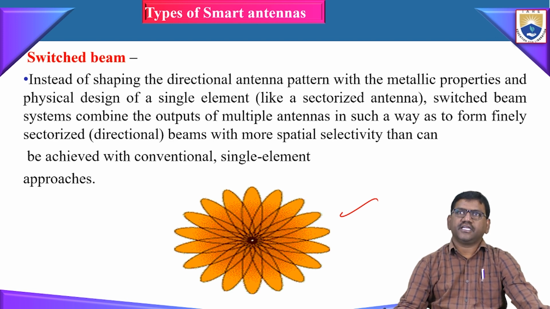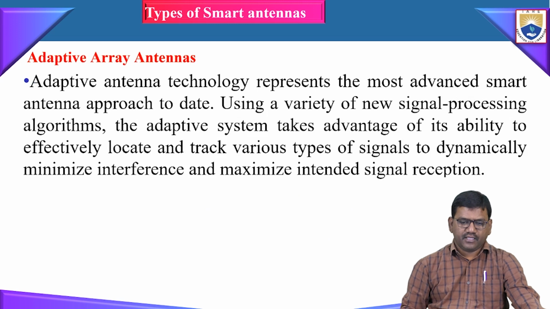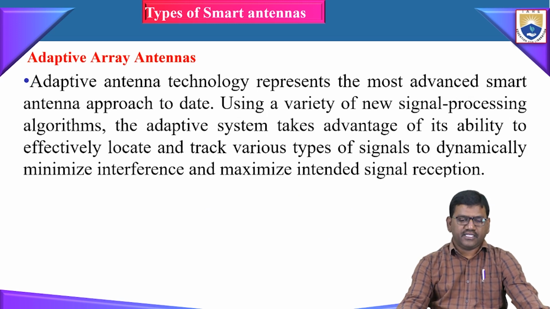So instead of shaping the directional pattern with the metallic properties and physical design of a single element, a switched beam system combines the outputs of multiple antennas in such a way as to form finely directional beams with more spatial selectivity than can be achieved with a conventional single element. Adaptive array antenna. So what are adaptive antennas? Adaptive antenna technology represents the most advanced smart antenna approach to date.